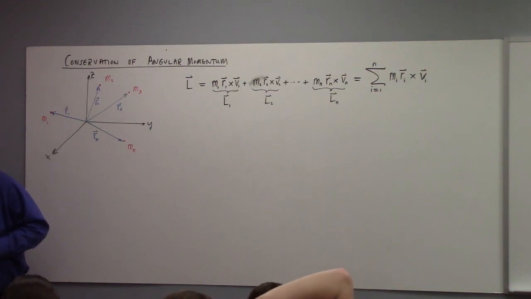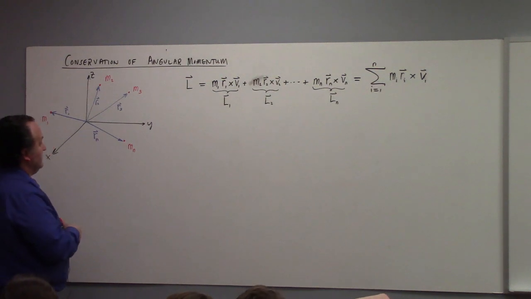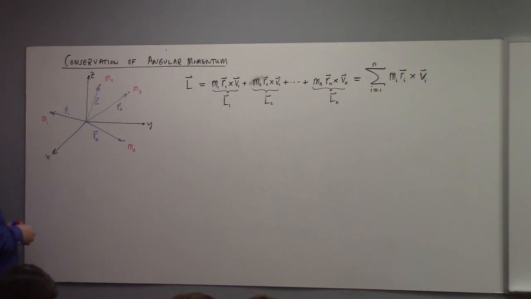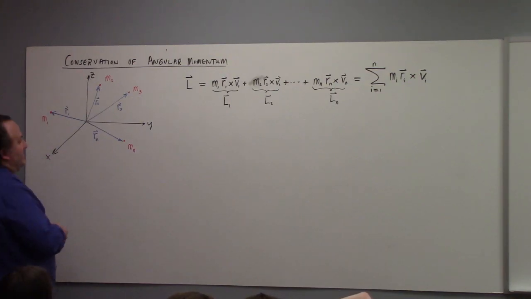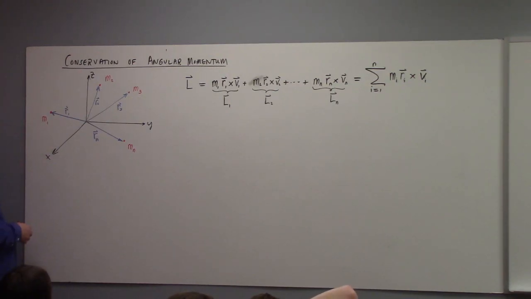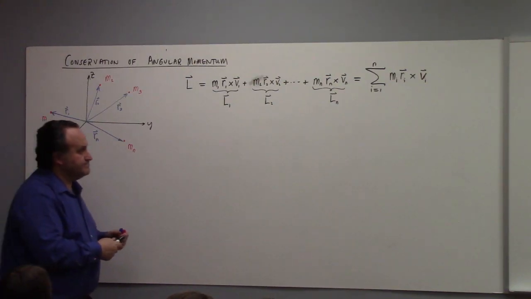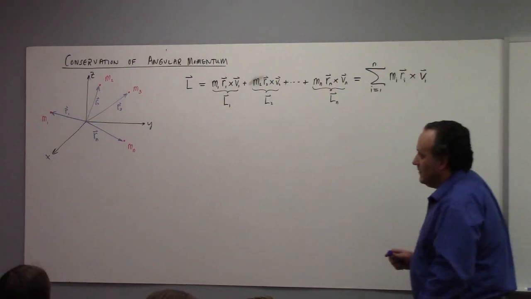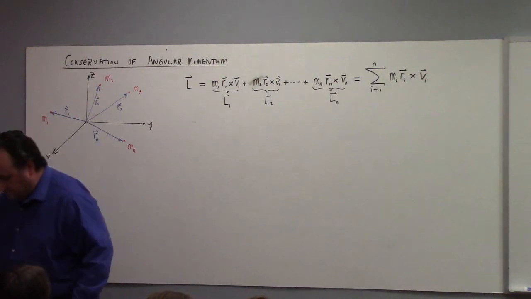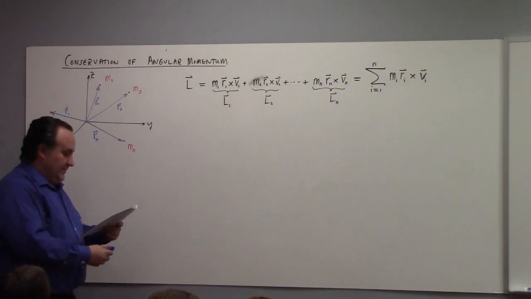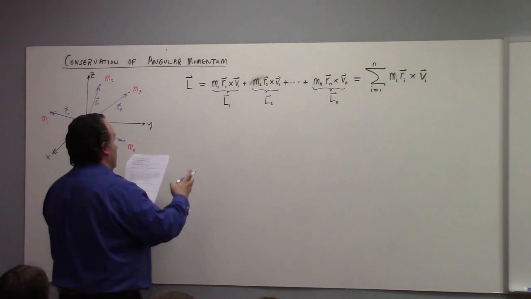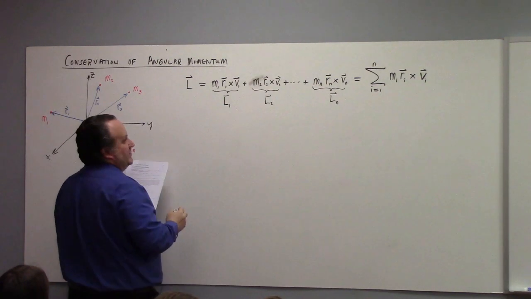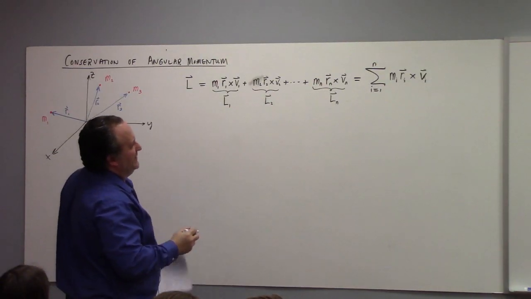Now, if we think about this, we can write down Newton's second law for each mass. Like, what's the net force on each mass here? We could repackage this a little bit.